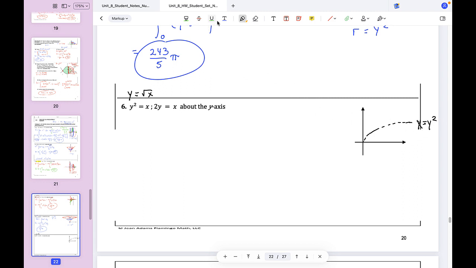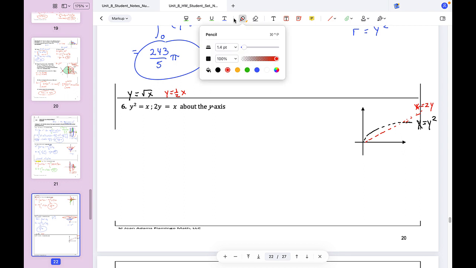And the other one, we have y equals 1/2 x, again just to help me get a visual graph of it. So this is x equals 2y, and this is going to rotate around the y-axis.